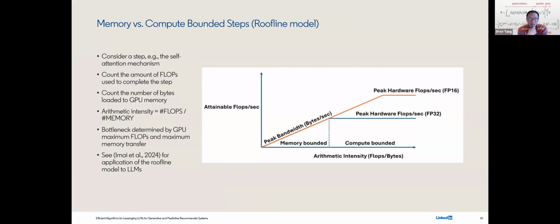On the slide, there's a toy example where the y-axis is attainable flops per second. The x-axis is arithmetic intensity, so flops per byte of data.